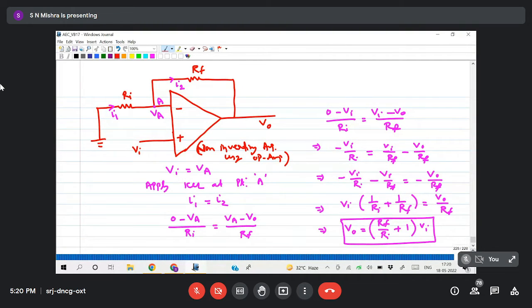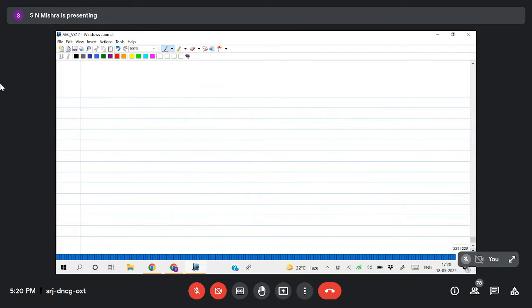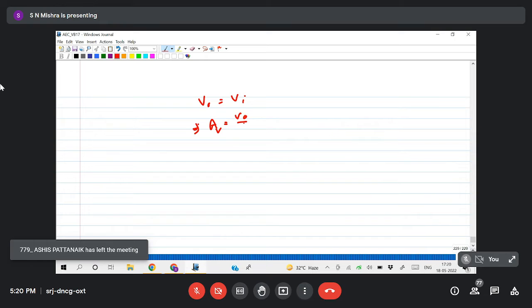Those types of circuits are called a buffer, or more precisely a unit gain buffer. Because if output equals input, what is the gain? Gain, or AV, means output by input, so gain is 1.